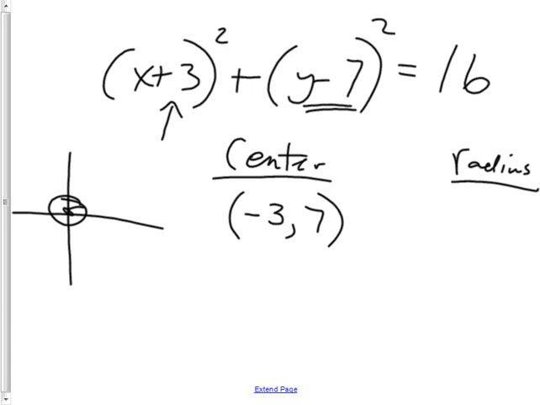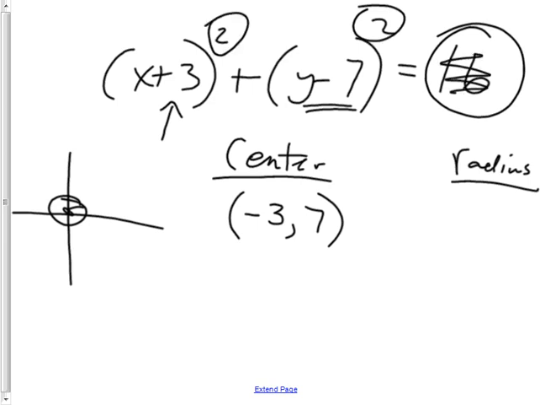The center's at negative 3, comma, positive 7. Then the radius, you take that 16 and you take the square root of it. Notice this is squared and this is squared, so really this is a 4 squared, and that helps you see the radius is 4. Oops, put r equals 4. Okay, that's circles. Really briefly.